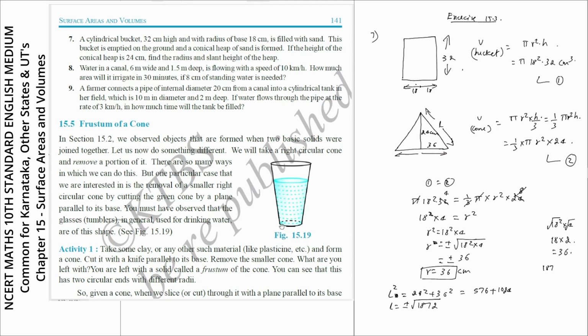So 1872, factorize it. 2 9s are 18, 2 3s are 6, 2 6s are 12, then 2 4s are 8, 2 6s are 12, 2 8s are 16, then again 2 2s are 4, 2 3s are 6, 2 4s are 8, then again it is divisible by 2, 2 1s are 2, 2 7s are 14.